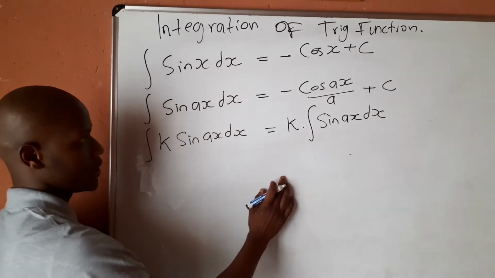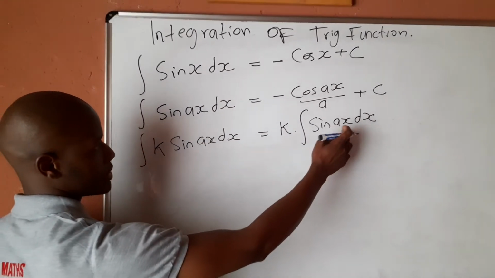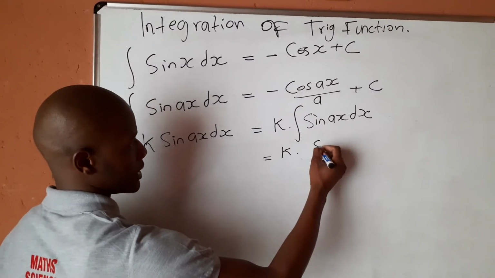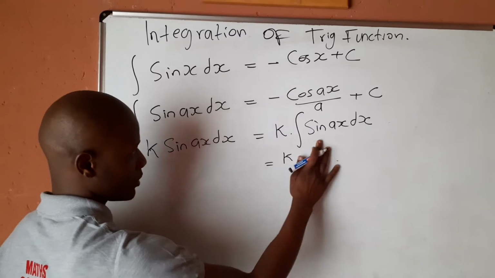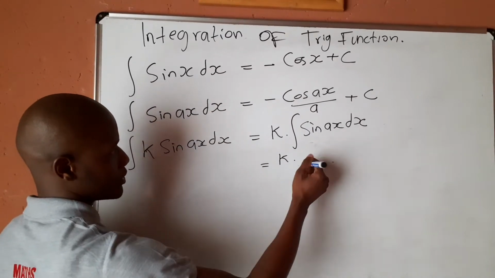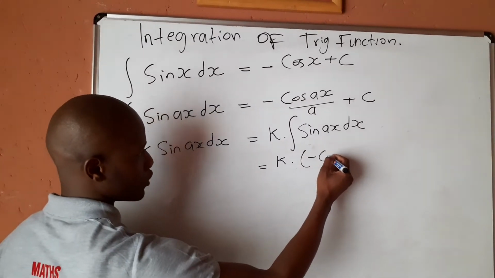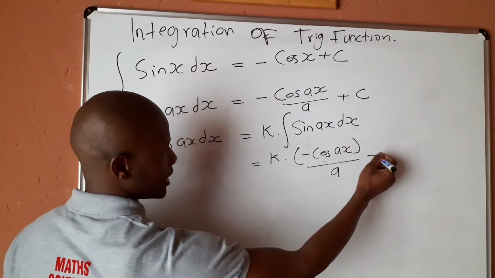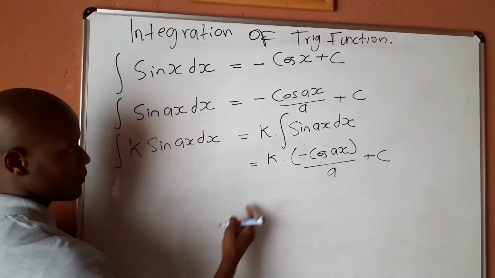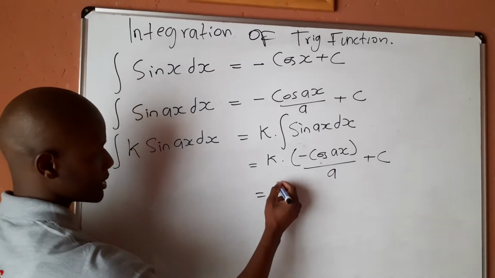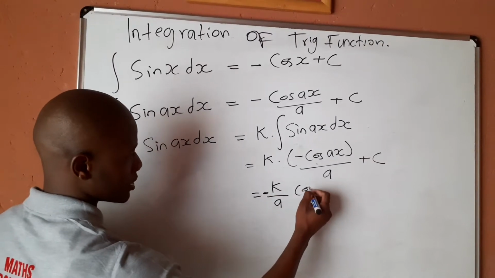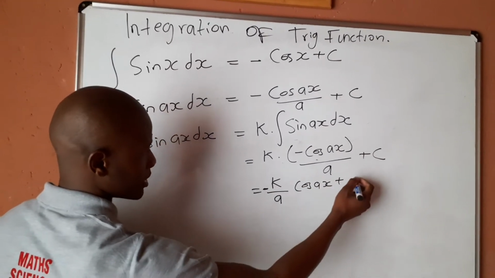Now integrating sine ax dx gives negative cos ax divided by a plus c. Therefore, it is the same as k over a times negative cos ax plus c.